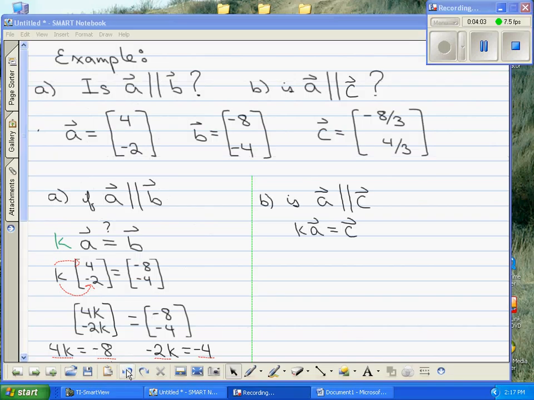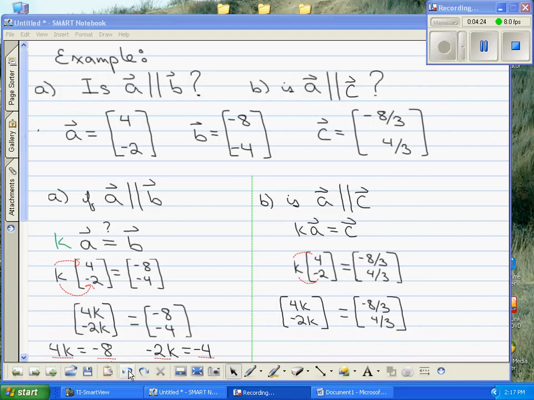The first thing I do is I want to know if there exists a k such that vector A equals k times vector C. So I write vector A and C in component form, and I distribute my k to both x and y components, which gives me <4k, -2k> is equal to <-8/3, 4/3>.